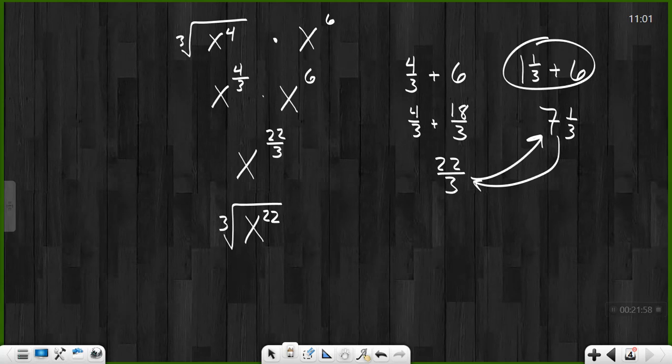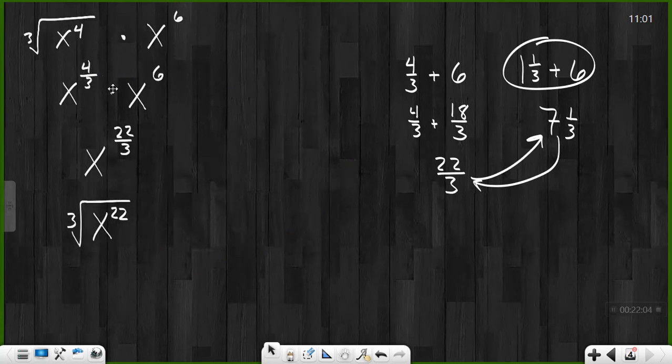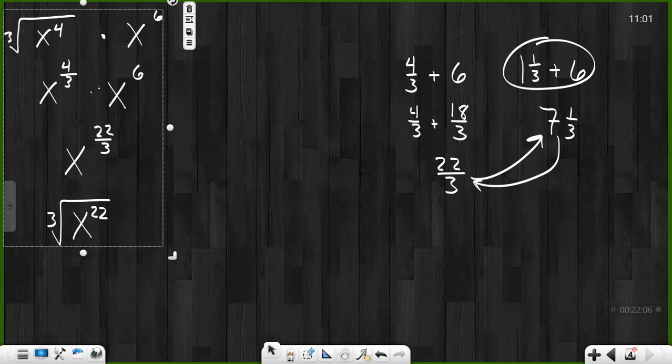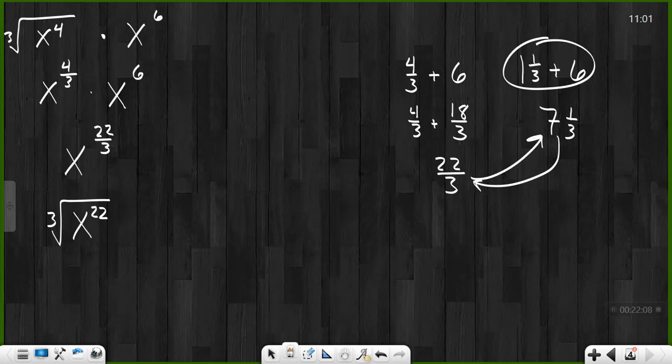Using Law 6, I can also simplify what's going on here. Let me just move this over for a second. Instead of leaving this as the cube root of x to the 22nd, I can pull out the x's that make this a little bit easier here. I know that in the cube root of x, every time I find x cubed and the cube root, they're going to undo each other, and that's going to give me x.